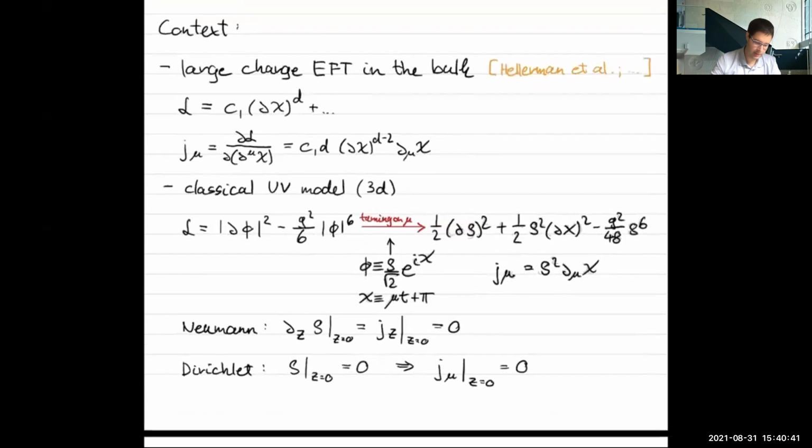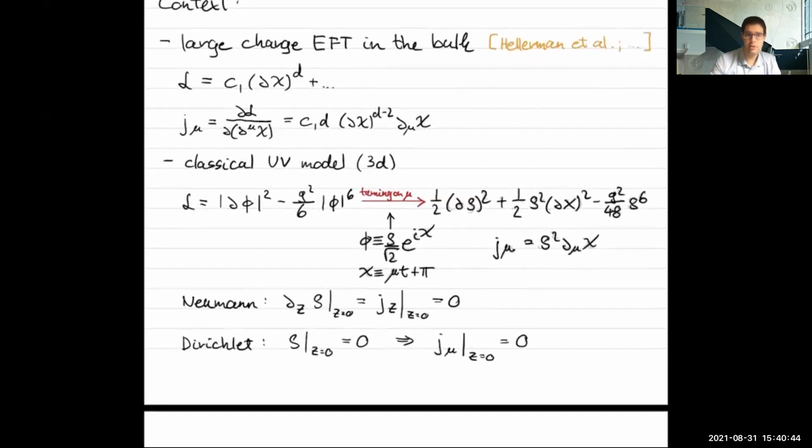Okay, so now let's try to put boundary conditions. We know what boundary conditions mean in the UV theory, and then we'll try to figure out what they mean in the CFT. So Neumann boundary conditions just say that the z derivative, z being the transverse coordinate perpendicular to the boundary, of rho, the magnitude, at the boundary, and also the z component of the current, are equal to 0.